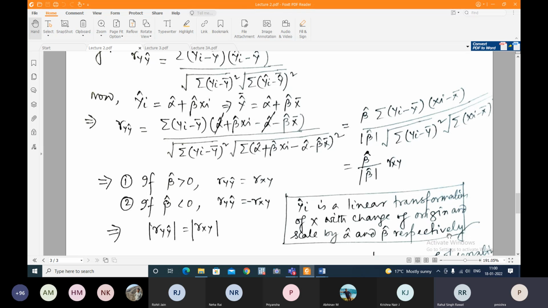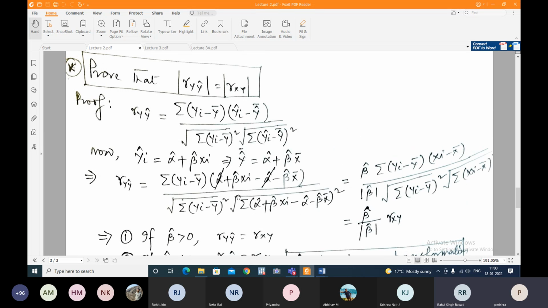And this is what we are getting. So eventually, for a bivariate model, the multiple R, that is the correlation coefficient between y and y hat, is nothing but the absolute value of the correlation coefficient between x and y.